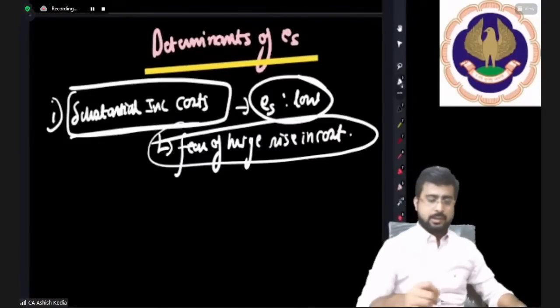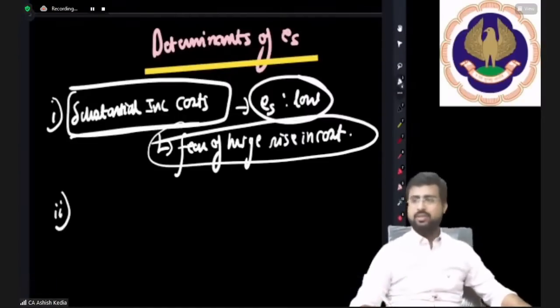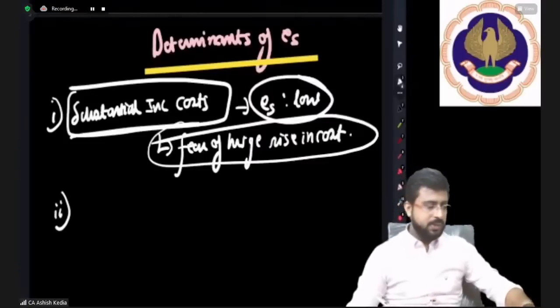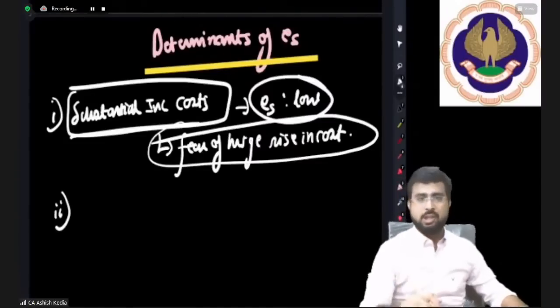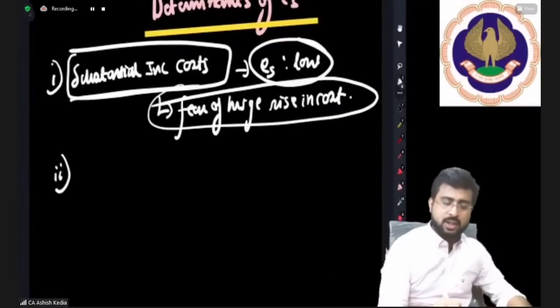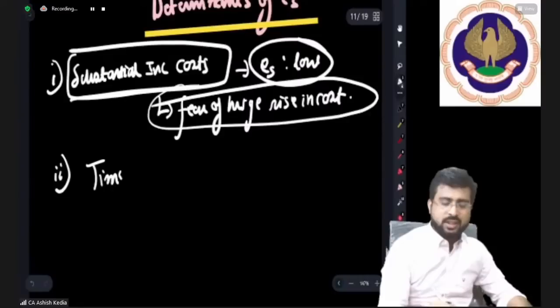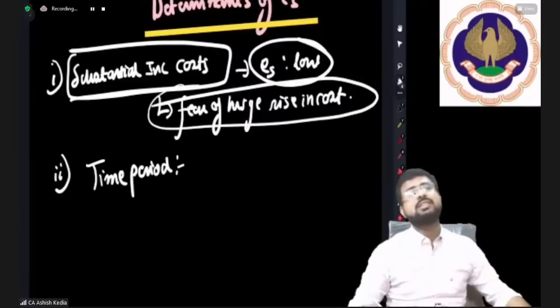Next. Number two, since this point is clear, let's go on to the second point. My dear friends, second point is time period. You all remember last class I taught you about different types of time period. I told you that the longer the time period, the producer gets more time to supply, and therefore elasticity will be more.